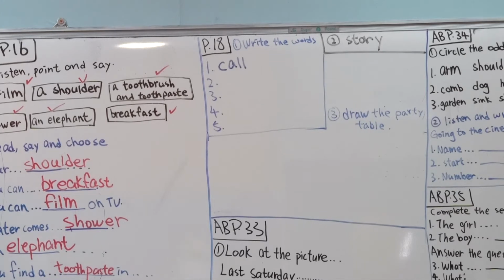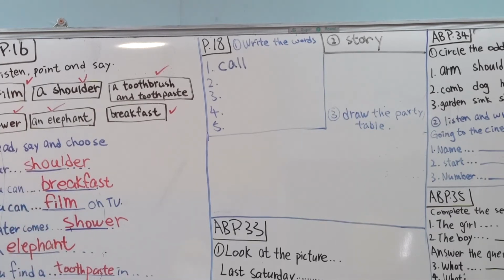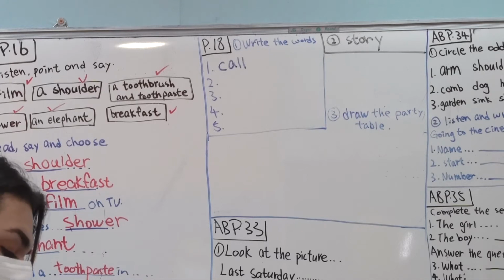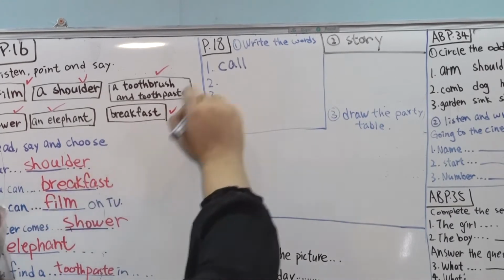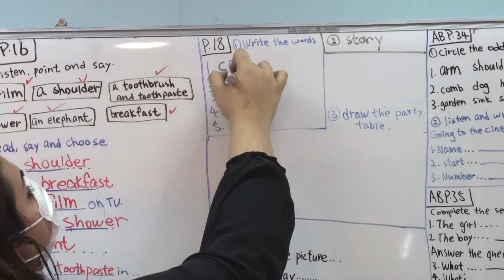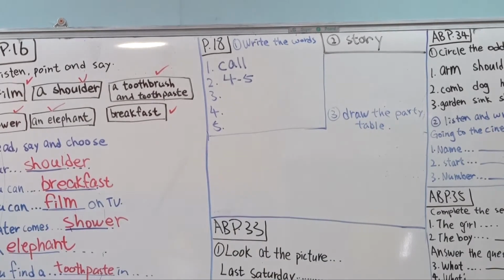He must buy. So there's not only one person in the birthday party, right? There are a lot of people in the birthday party. So you may write 4. Let's write 4 or 4 to 5. All right.